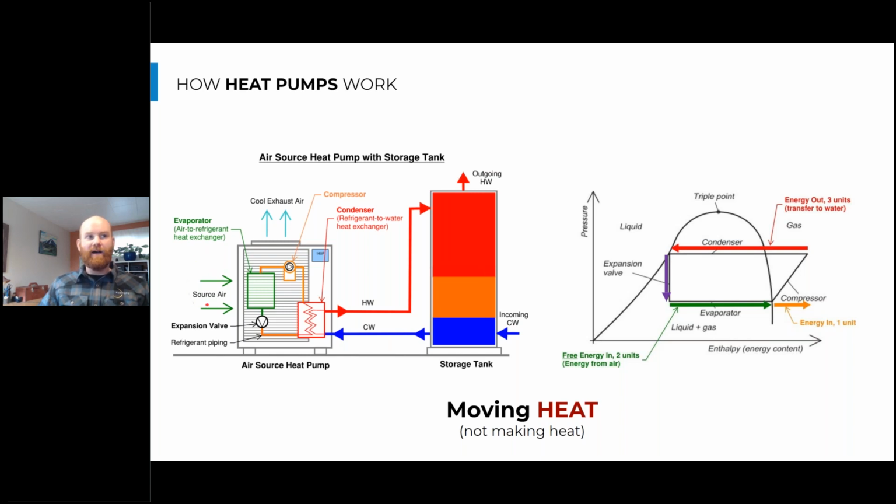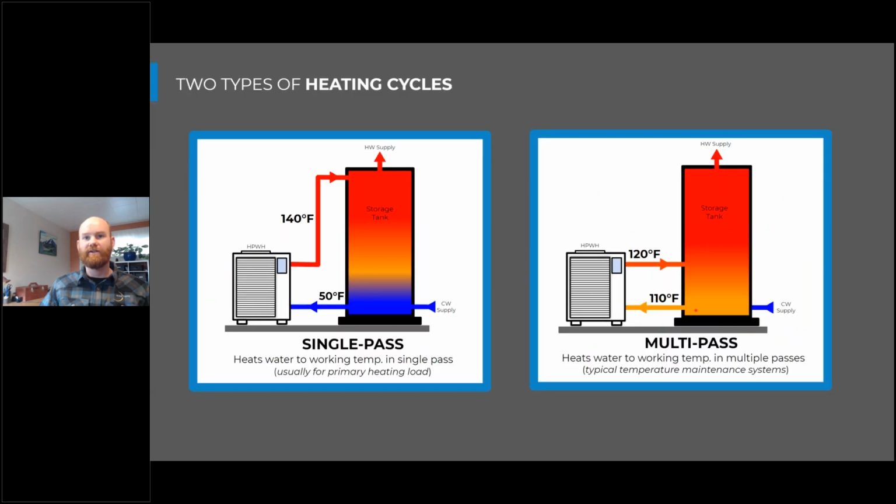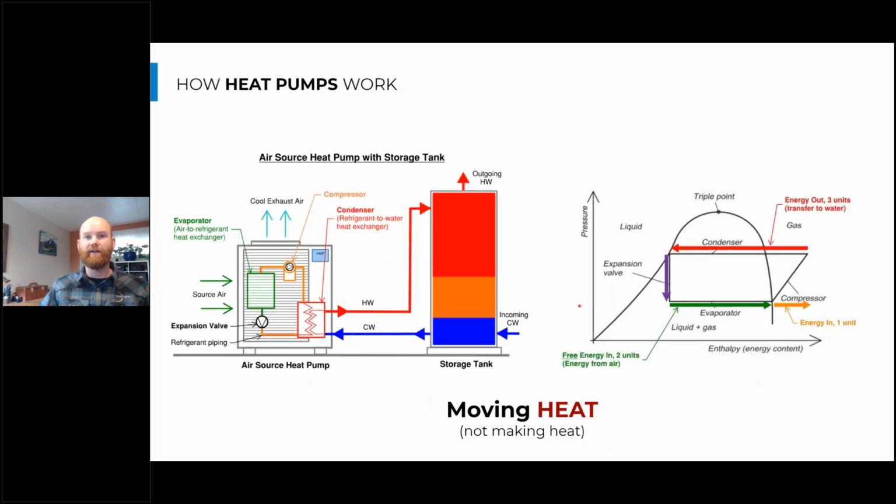So at the evaporator, we are typically using a fan to draw air over that heat exchanger. And so that's the process where we're taking energy out of the air. That evaporator is very cool or cold because it's at a low pressure on our pressure, enthalpy diagram.